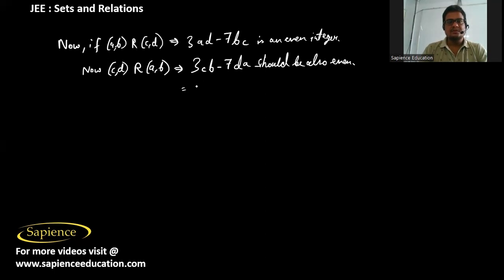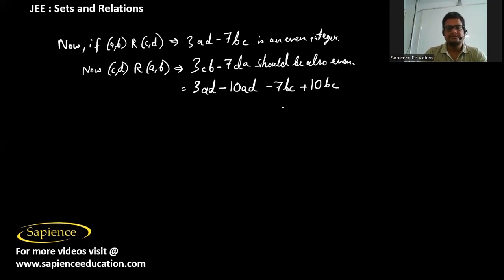So now this you can write as 3ad minus 10ad, that will be minus 7ad, and minus 7bc plus 10bc.